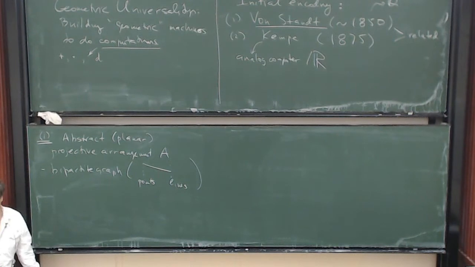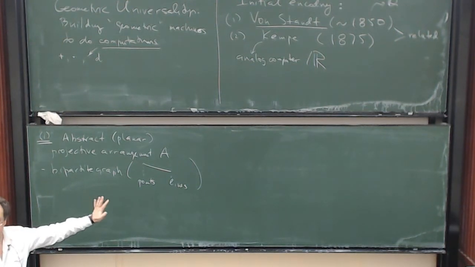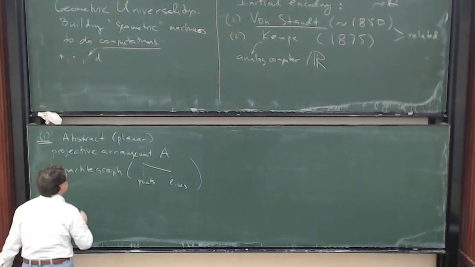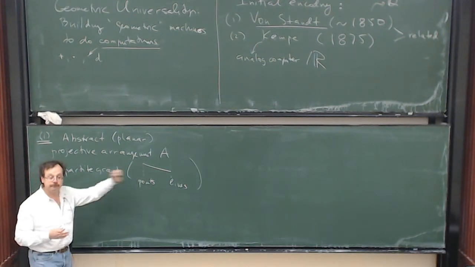That's an abstract arrangement. Of course, one can also talk about more general abstract arrangements with planes and so on, but here I will stick to points and lines, because that's enough for us. Again, all the complexity is here already.